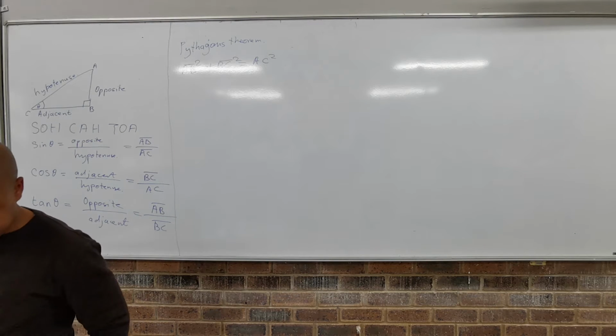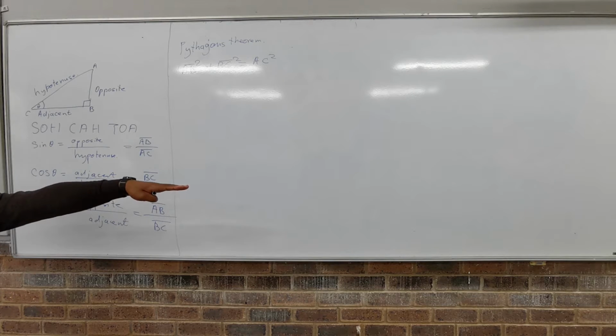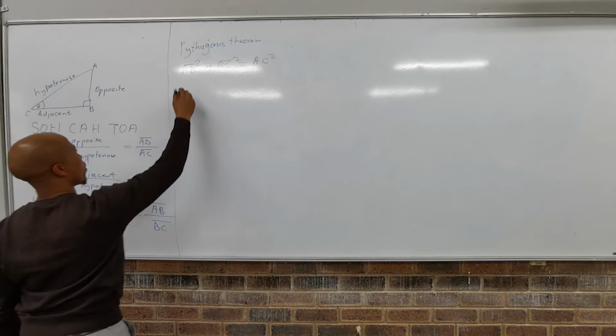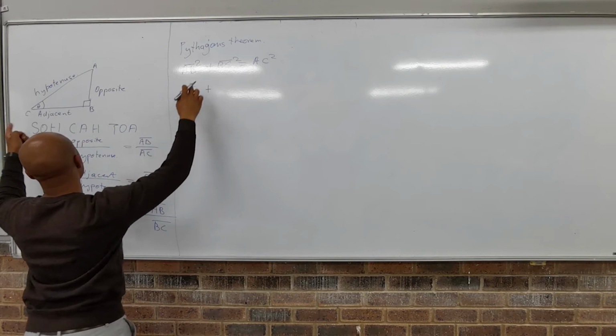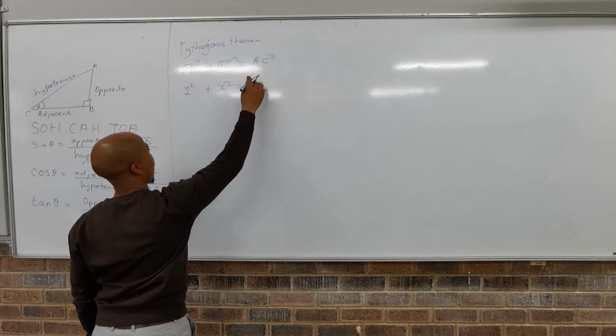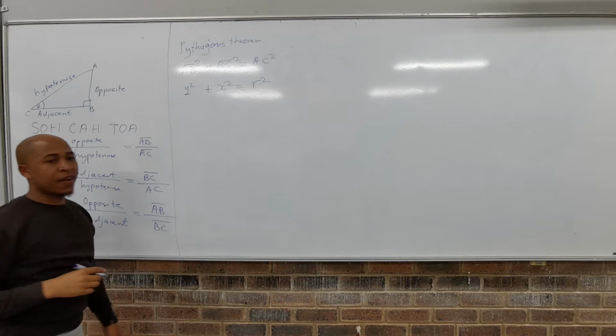Alright, so if we had to represent this in Cartesian form, we know that the vertical side we normally refer to as the y-axis, and the horizontal side as the x-axis. So AB would be y squared, BC, the horizontal side, becomes x squared, and AC, the longest side, becomes r, so r squared.